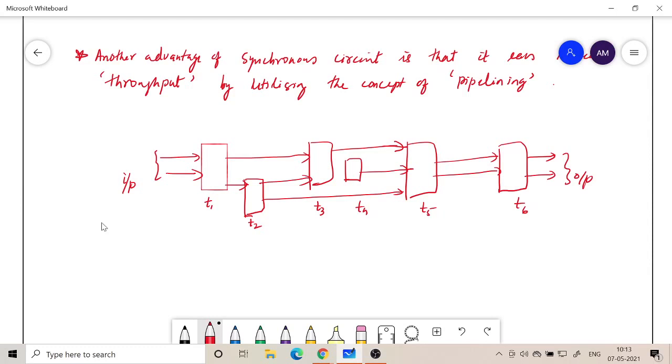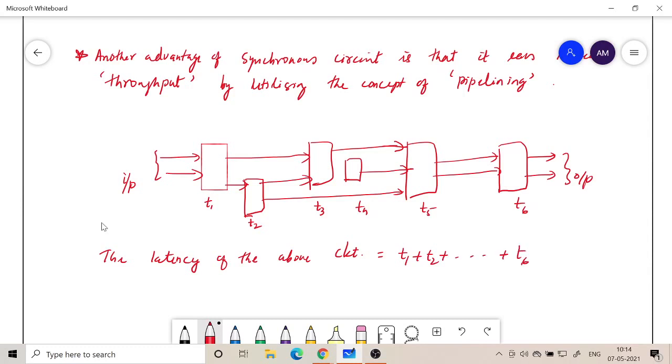So we can define a term called the latency of the above circuit, which is T1 plus T2 and so on.